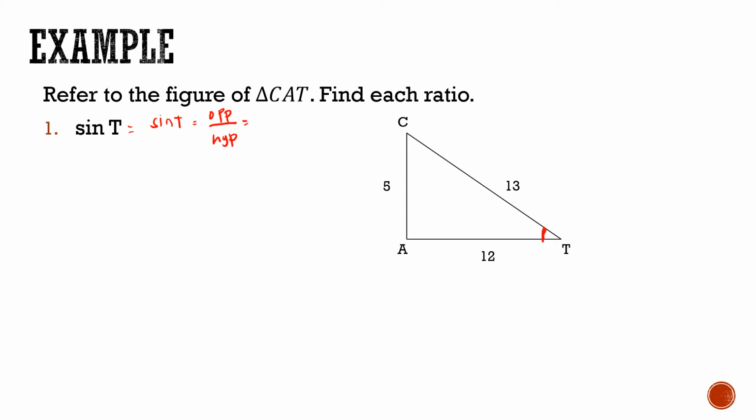So substitute the given. The opposite side of angle T is 5, or side CA, over the hypotenuse, which is CT.